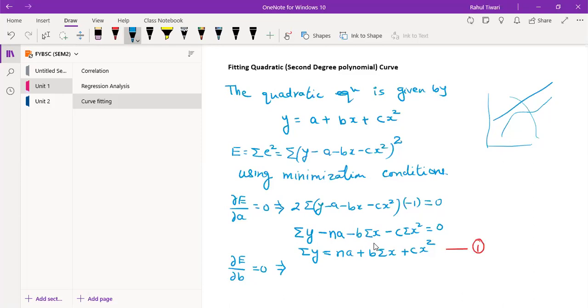Now you go to chat box and write down whether you understood the derivative of e with respect to a or not. If you understood, type y. If no, then write n. I want response from 35 students. It's not like I'm asking only one student. So we'll go by majority response.